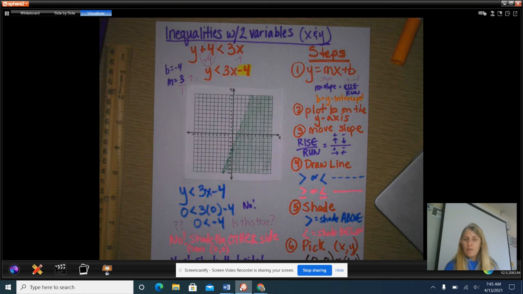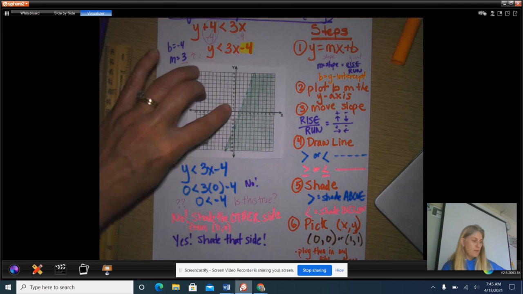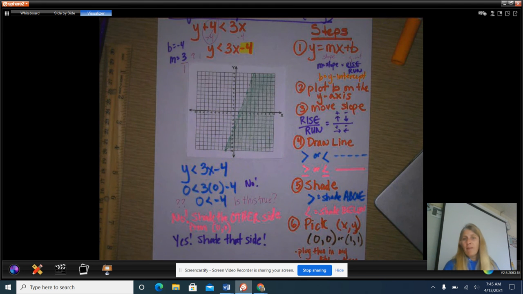If it is greater than or equal to or less than or equal to, it will be a solid line. We then shade the portion of our graph that fits the inequality. Greater than is shaded above, less than is shaded below. We then verify by picking a point, either 0, 0, or 1, 1, and we check that we've shaded the correct portion of the graph. Let's go ahead and get some practice on Desmos.